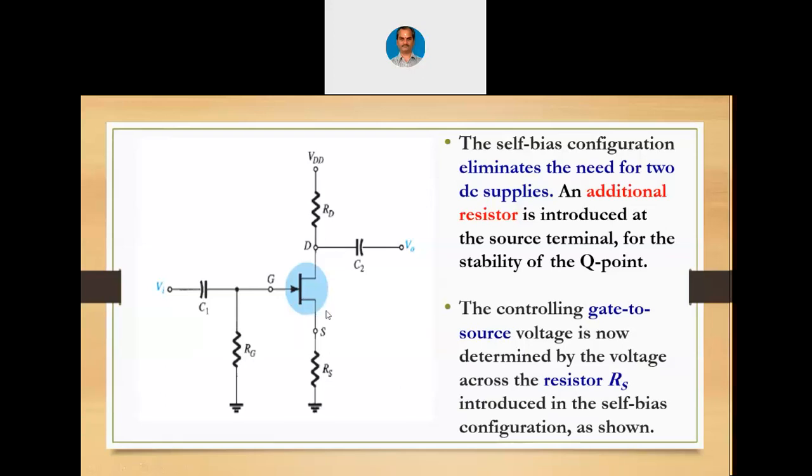Now in the JFET's case, it is prevented to turn off also completely because of the introduction of the source resistance. That is the reason even in the case of BJT, we had called it as self bias, because the circuit is biasing itself just by introduction of a resistor at the emitter. Here in the same way, at the source there is this RS. And now we have to see across RG what is going to happen. Let us see that in the next slide.